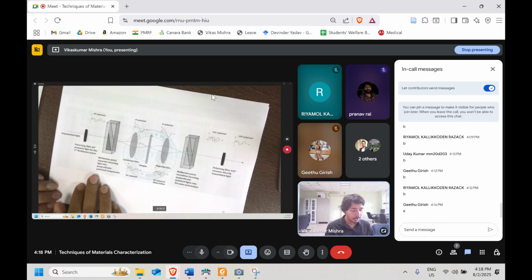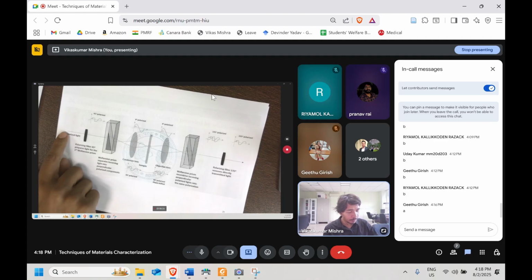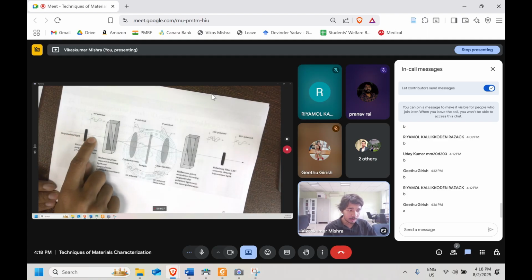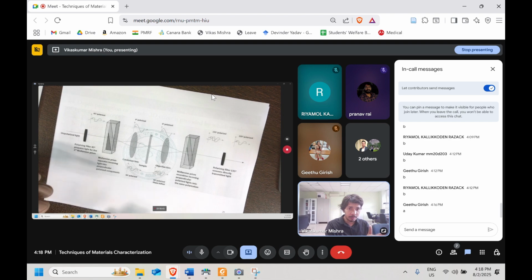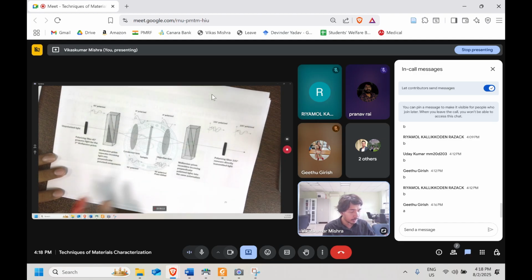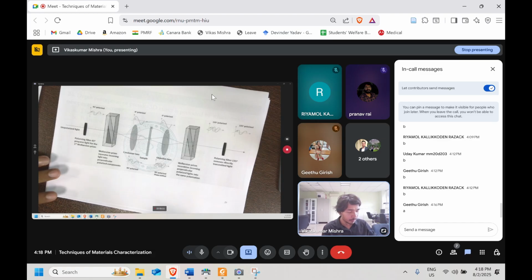Okay, so now what is it going to do? It is going to split the polarized light which we have got into two parts. Sorry, not like that, it's different. I confused it with something else.